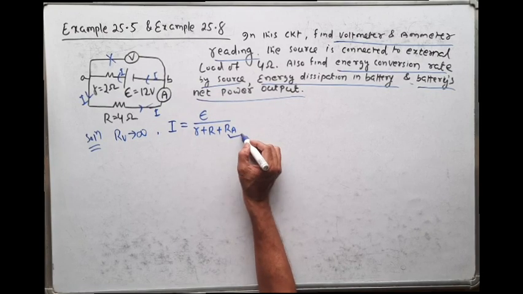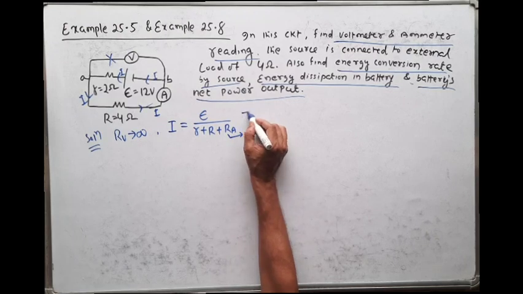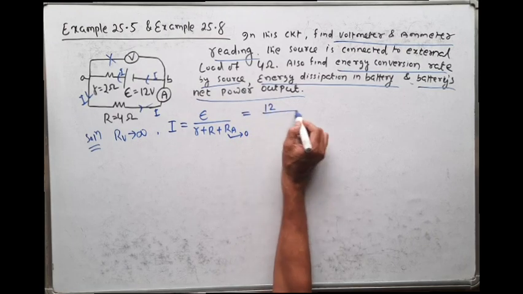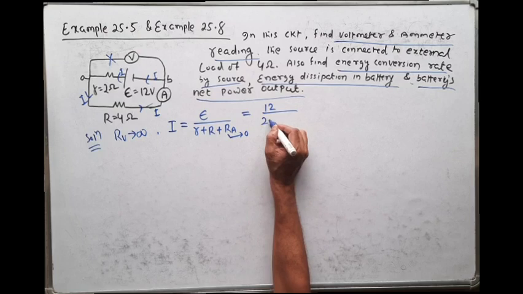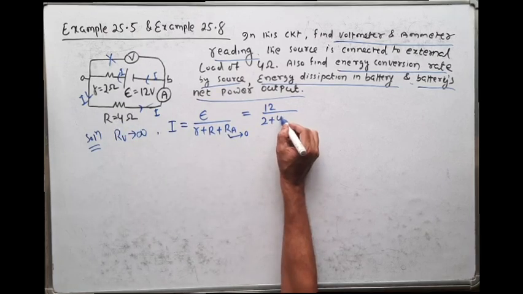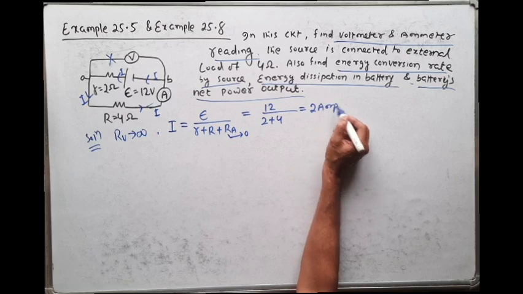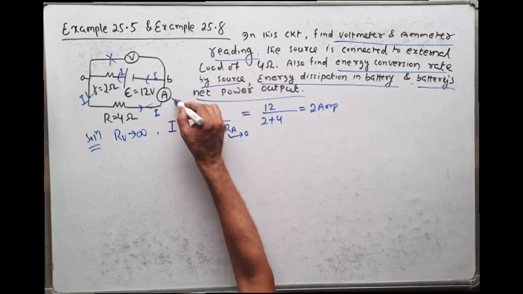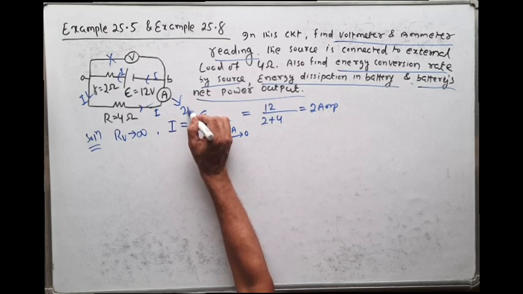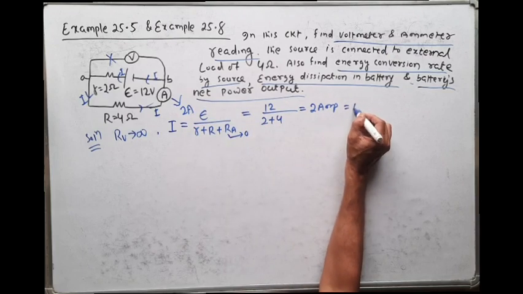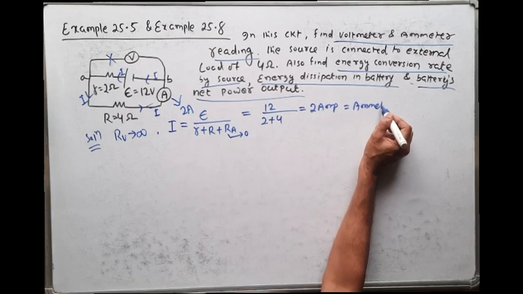But we know the ammeter resistance is 0. So E is 12 divided by R, which is 2 plus the external load 4. So that is equal to 2 ampere. Now what value will this ammeter read? 2 ampere. So this is the ammeter reading. The ammeter will show 2 ampere.